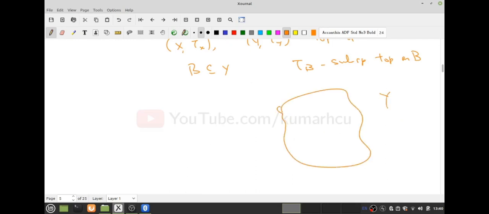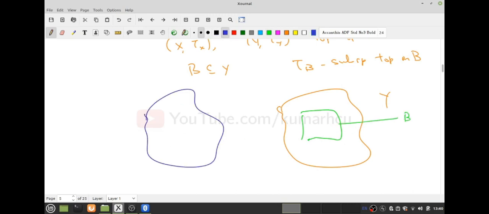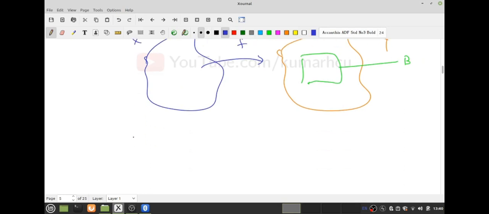This will be my Y, and this is my B. And I have my F. This is my X. Therefore I think of this function F. Actually, where does it land? I should write it. It lands only here.